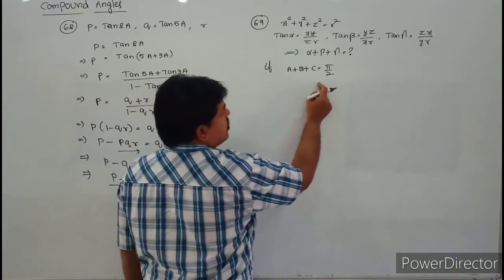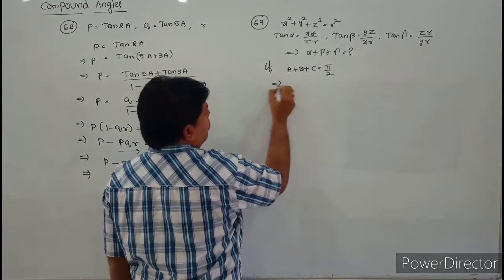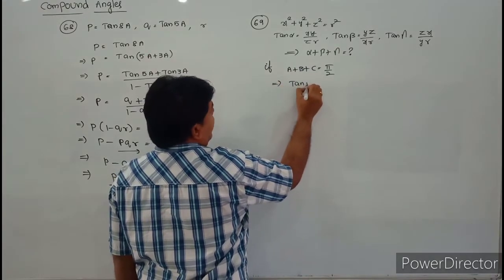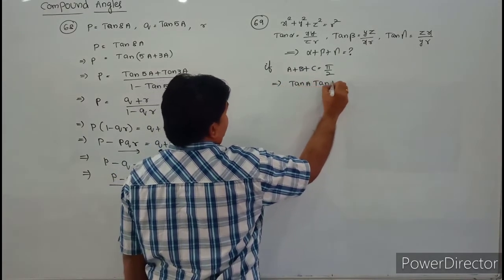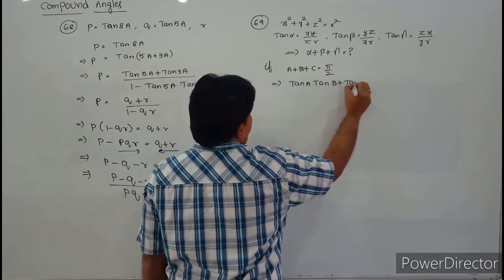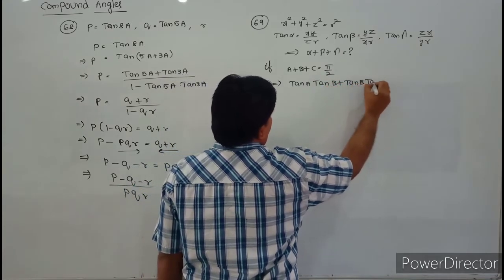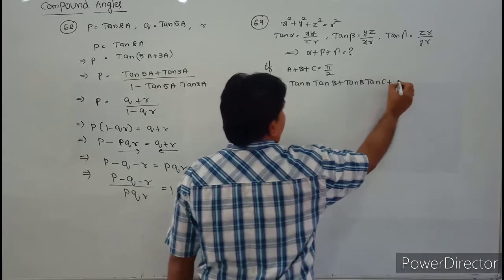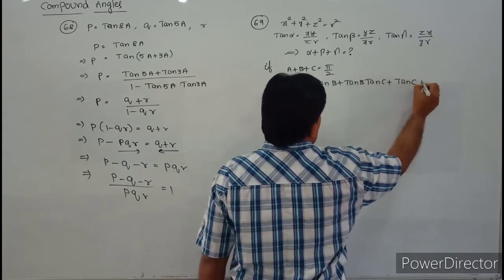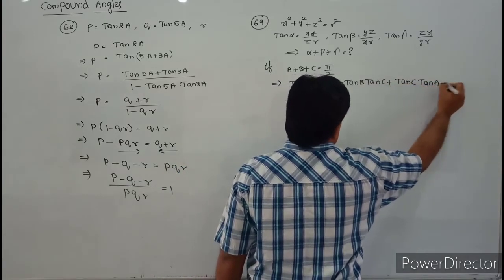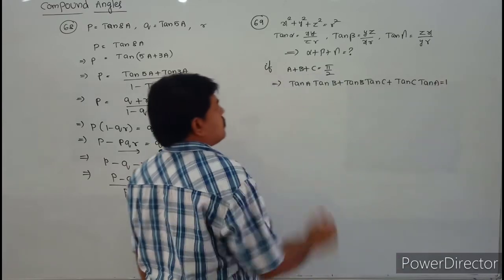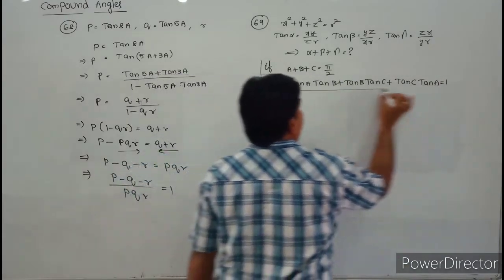If a plus b plus c is equal to pi by 2, then tan a tan b plus tan b tan c plus tan c tan a is equal to 1. So check this condition, students.